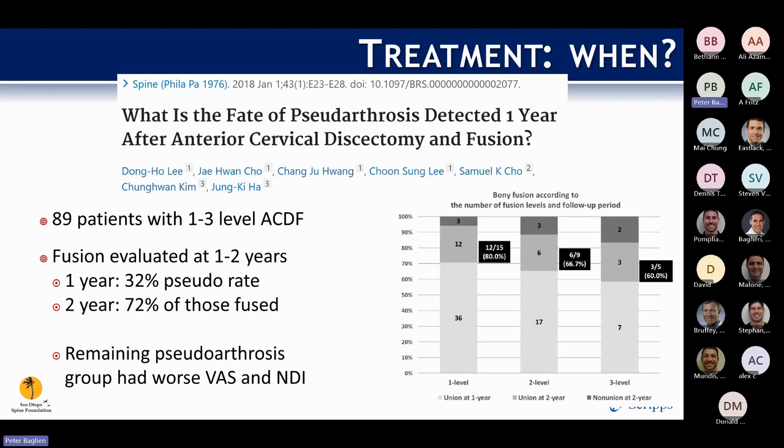At 1 year, they found a 32% pseudoarthrosis rate, but at 2 years, without any intervention on those patients, 72% of that cohort fused. They did note that if patients didn't fuse by 2 years, they had significantly worse VAS and NDI scores. But I think this shows that just because they're not fused at 1 year, it's not necessarily an indication to take them back. A large portion of those patients will eventually go on to fusion.